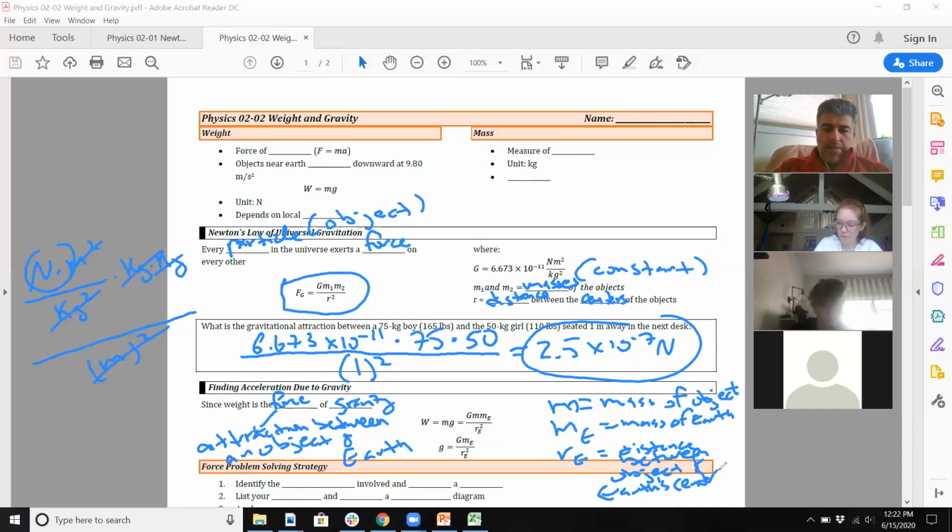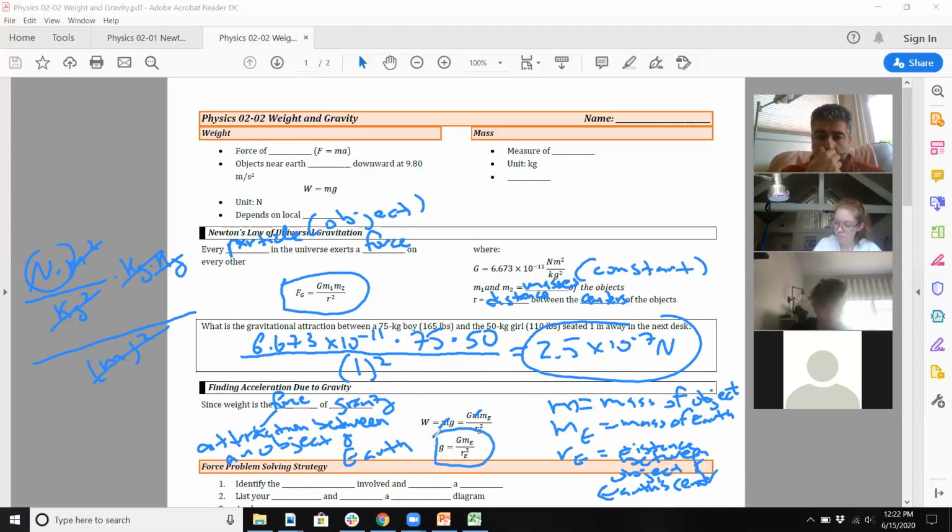So you can see that when you set weight, or the force due to gravity, equal to this equation here, the object's mass will cancel, leaving you with this.